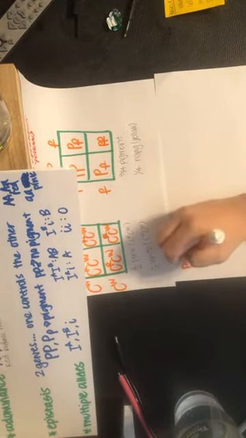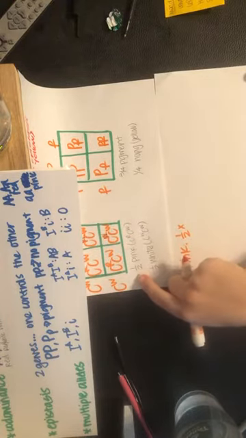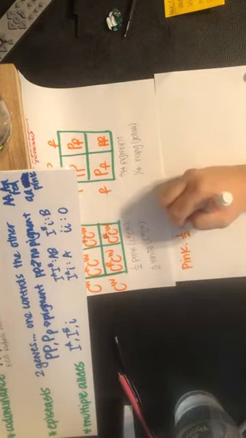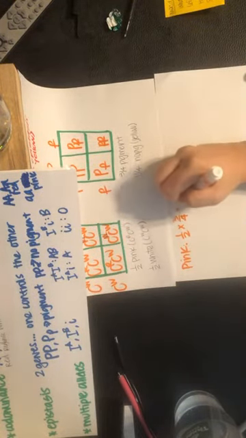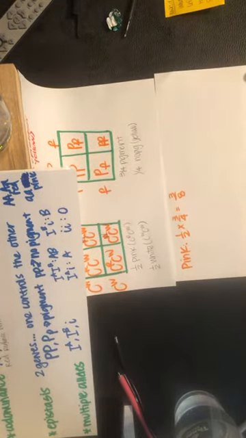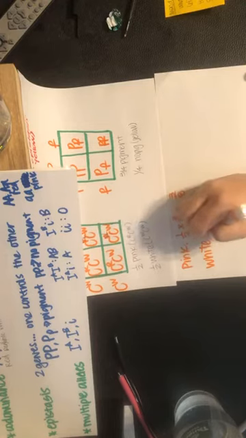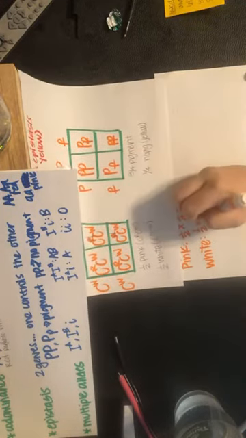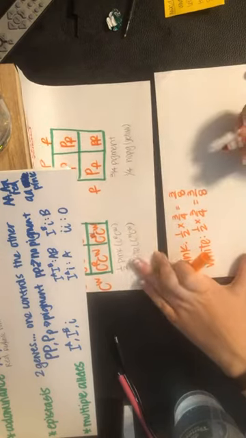And so if I want to know the ones that are pink, I'll say, okay, 1/2, because there's 1/2 of them that were pink, and then 3/4 that were pigmented is going to give me 3/8 of them that are going to be pink. If I want to know how many of them are going to be white, I'll say, okay, well, there's 1/2 times 3/4, which again gives me that 3/8.